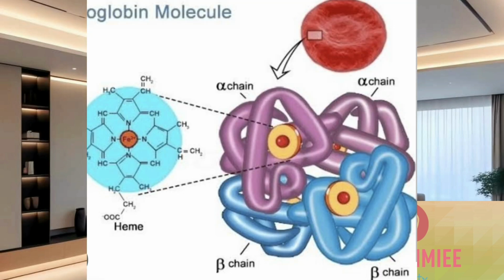There are different types of hemoglobin, and they determine the oxygen-carrying capacity and the shape of the cell. There are so many types, but there are common ones that we all know. Hemoglobin A, hemoglobin S. You are familiar with those, right? Hemoglobin A is, in quotes, the normal hemoglobin.